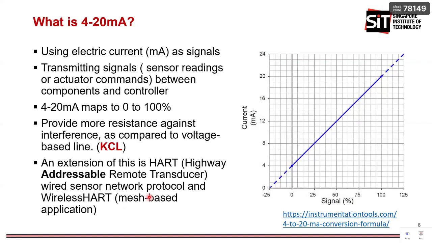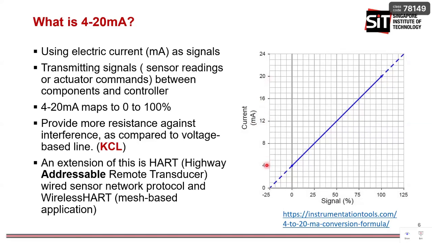Now, earlier we have talked about moving from pneumatic system to 4-20 milliamp. What is this 4-20 milliamp? If you refer to this chart, it talks about the signal from 4 milliamp all the way up to 20 milliamp. Okay, so this range is the signal that travels through the copper wire, right?